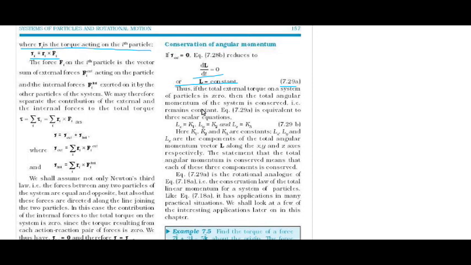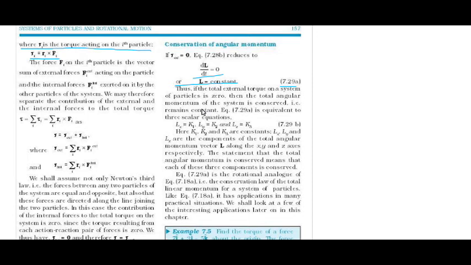Equation 7.29b. Here k1, k2 and k3 are constants. Lx, Ly and Lz are the components of the total angular momentum vector L along the x, y and z axes respectively. The statement that the total angular momentum is conserved means each of the three components is conserved.